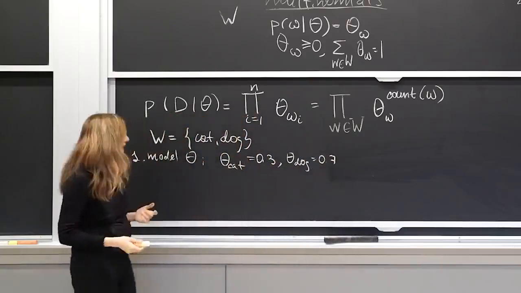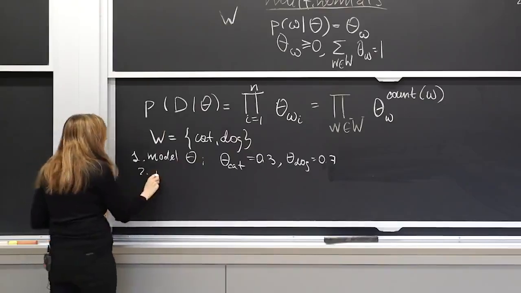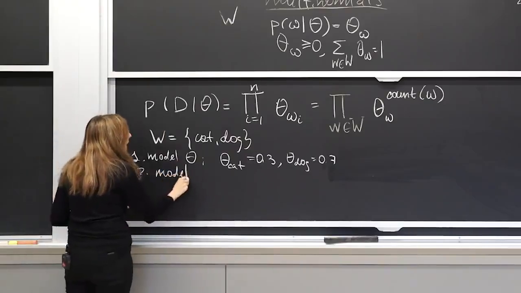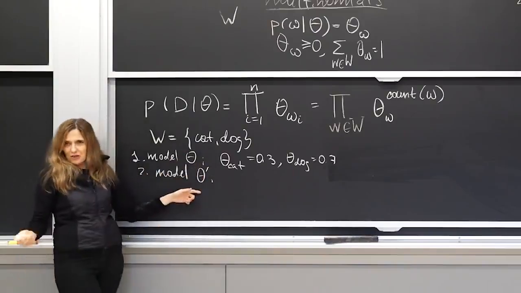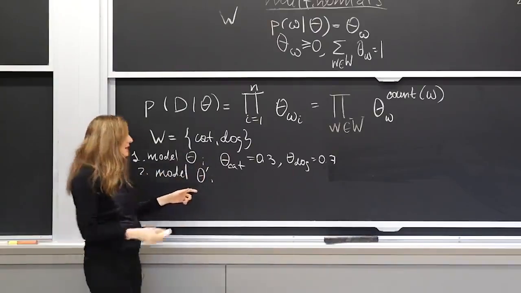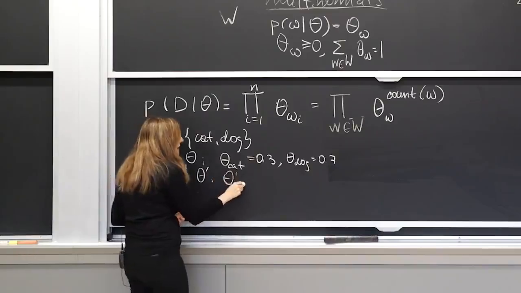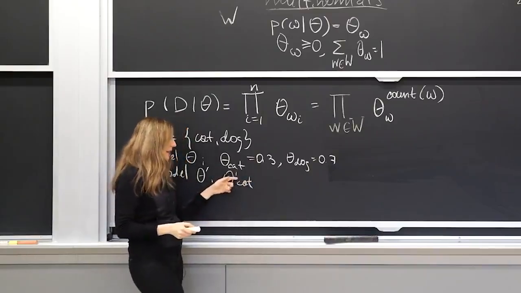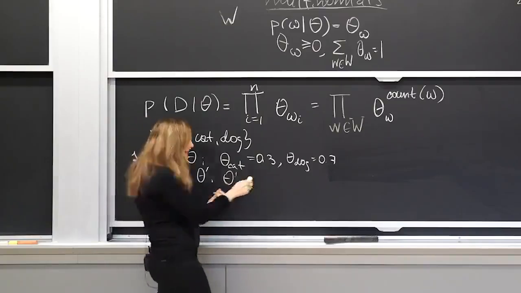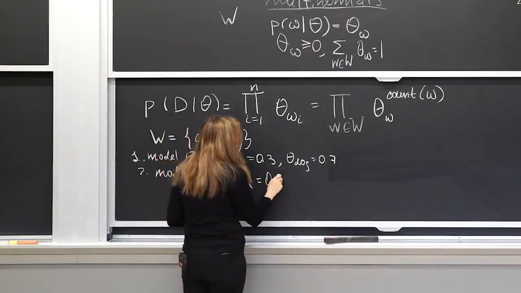They both are non-negative. And now I'm going to look at model number 2. Model number 2, and to distinguish the parameter, I just wrote theta prime. And here, let's say we want the theta prime to generate the word cat to be 0.9.